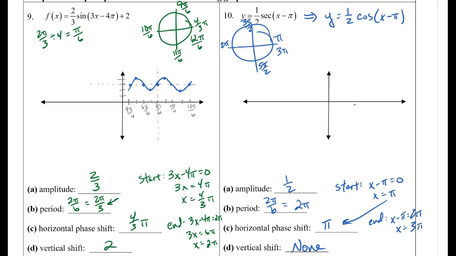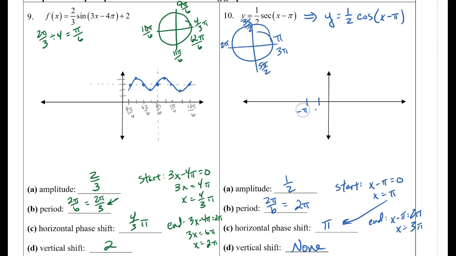So, let's see. I'm going to need to go backwards to at least negative pi.